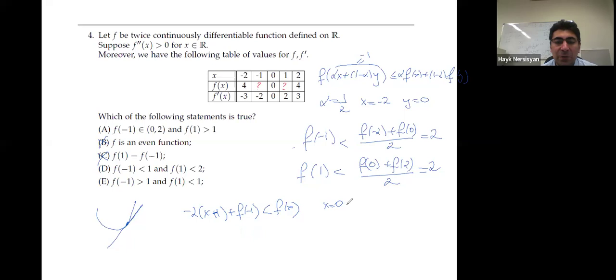We knew this beforehand. If we plug 2, we will get f(-1) is smaller than f at 2 minus, if we plug once again x equals 2, we'll get +6, something like this.